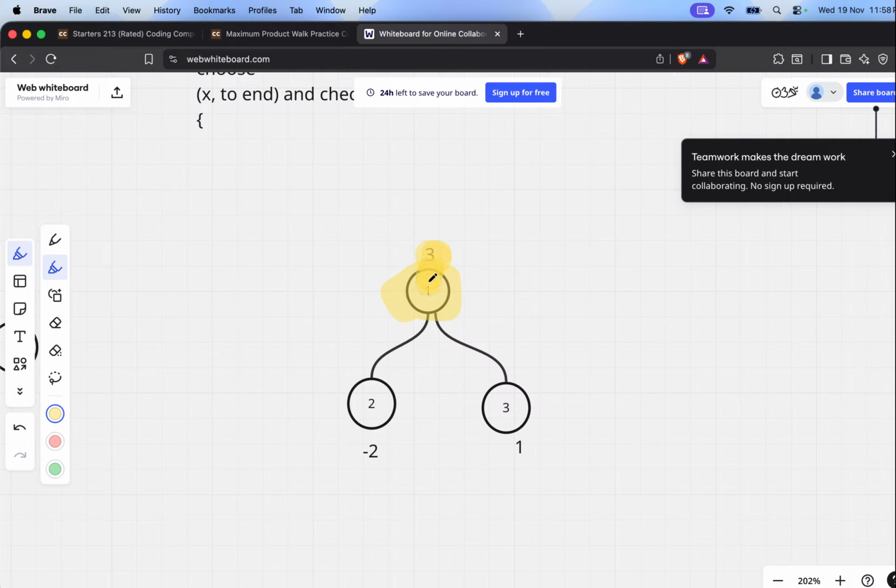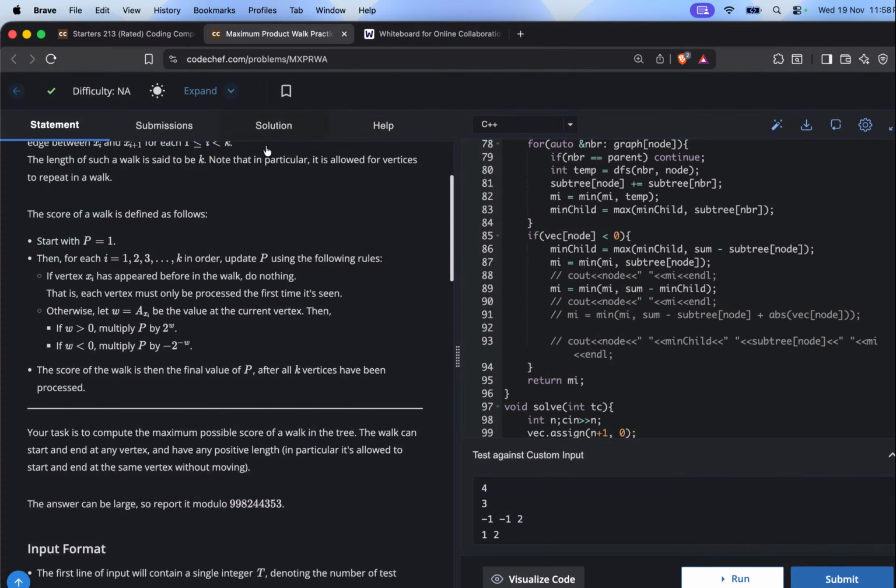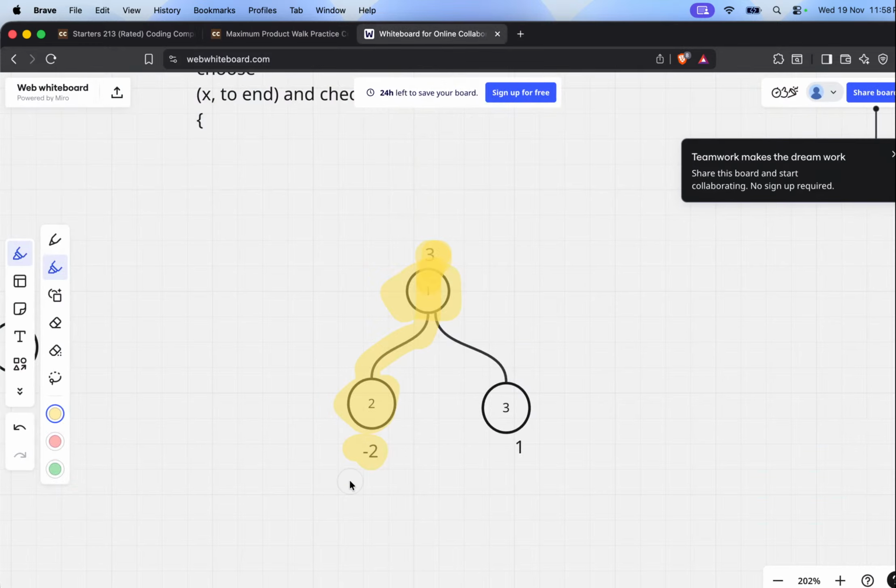Okay. Now, let's say we move to node 2. Its value is minus 2, which is negative. Multiply it with minus of 2 to the power minus of w, and w is minus 2. So minus minus cancel. So 2 to the power 2, multiplied with minus 4. All right. And let's say we move to 1 now. Then we multiply the answer with 2 to the power 1 again.